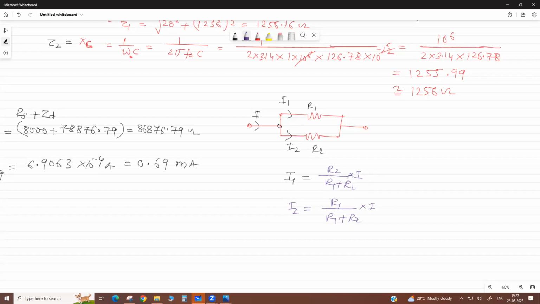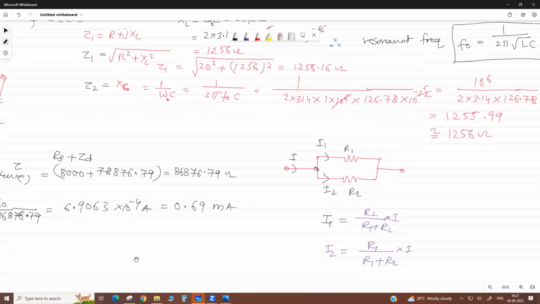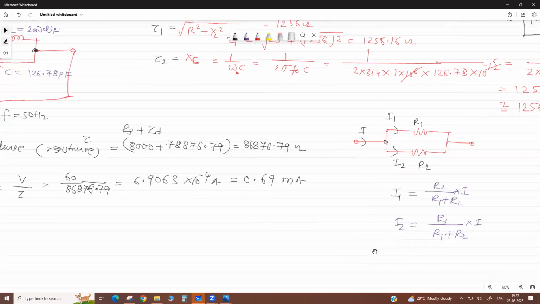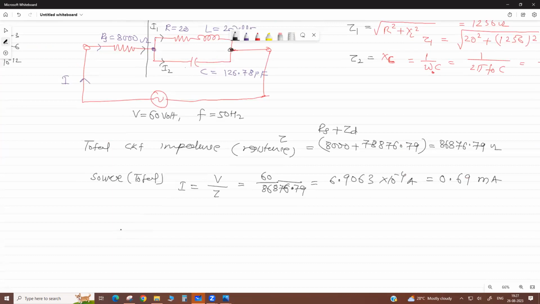Okay, so here we put the impedances Z1, Z2. They are almost the same, na? 1256, 1250. So the current is also the same in both. So this current is divided. Now we can write I1 and I2. I1 equals Z2 by Z1 plus Z2 into current I. So what is Z2?